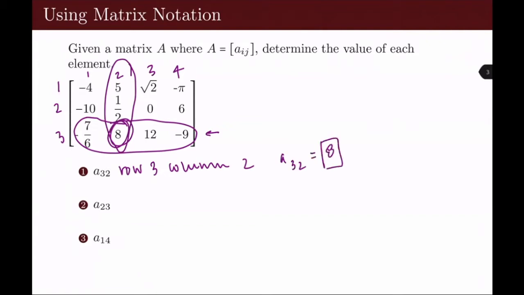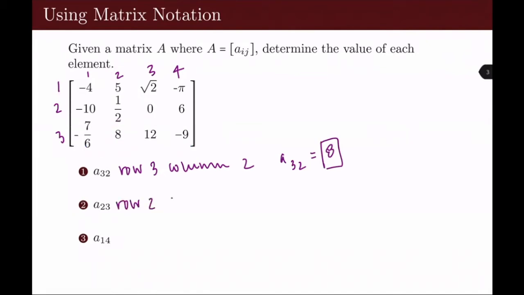Okay, next, A23 means row 2, column 3. So looking in row 2, and then looking in the third column, we find 0. So the entry in row 2, column 3 is 0.